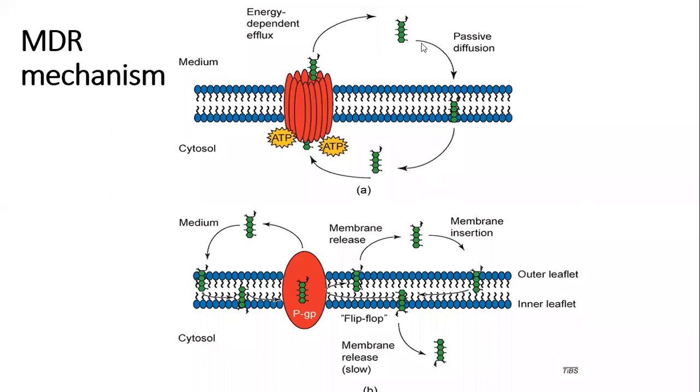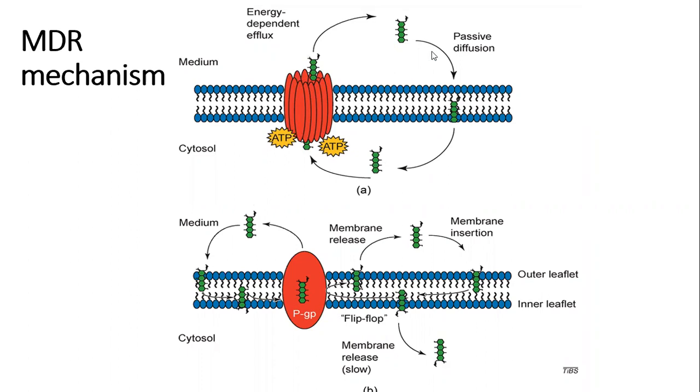Let us say this is your MDR. You can see that 2 ATPs are there. Now suppose passive diffusion, as I said, that if it is hydrophobic in nature, it will just pass through the plasma membrane, right? Now the cell understands and makes sure that it is taken near the MDR and pumped out.